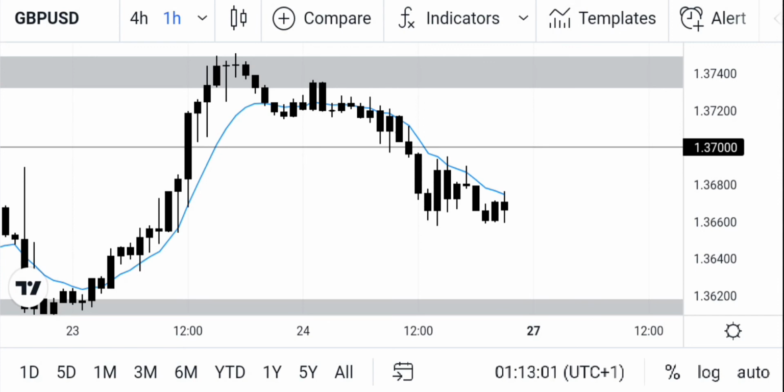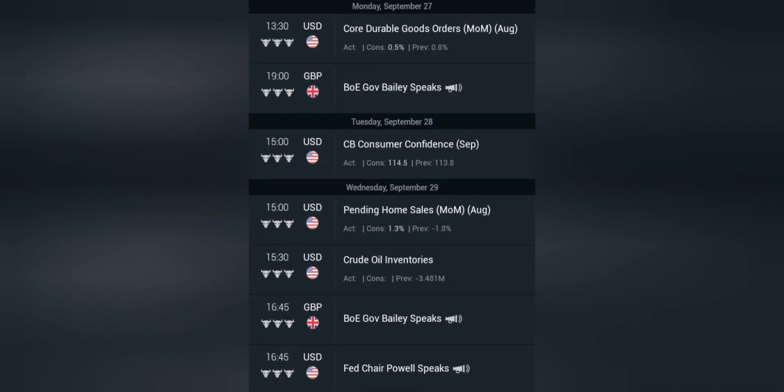economic news in mind. The news coming up that might affect the pound dollar are the core durable goods orders, month-on-month August for the USD on Monday, and Governor Bailey's speech on Tuesday.